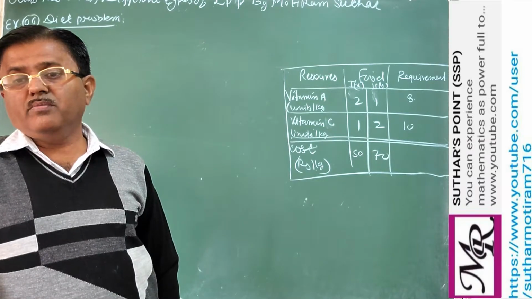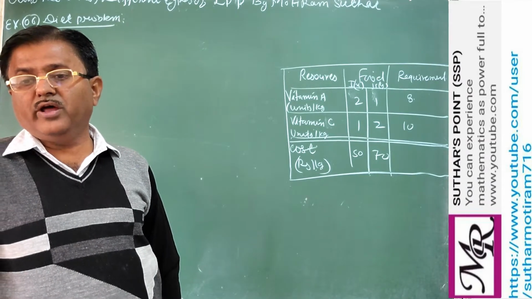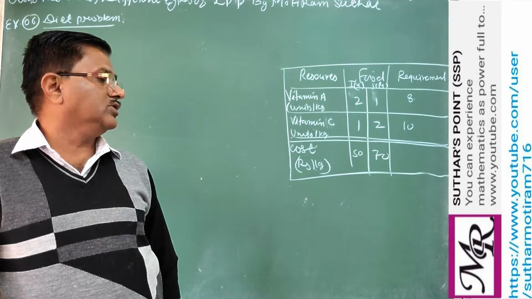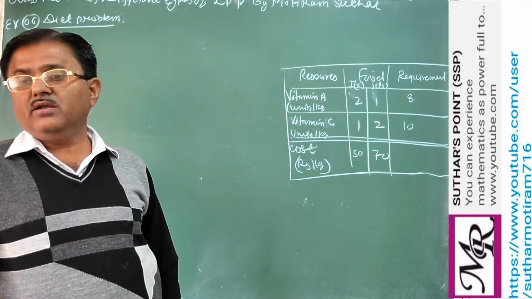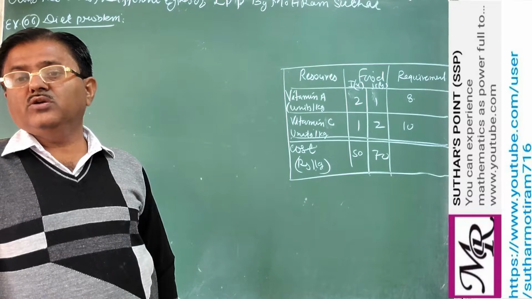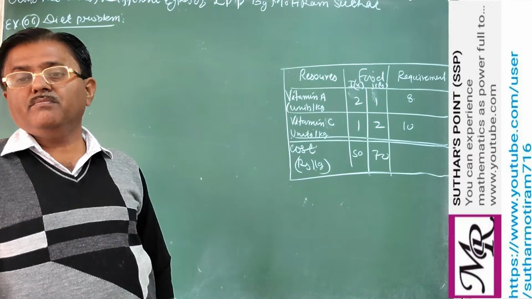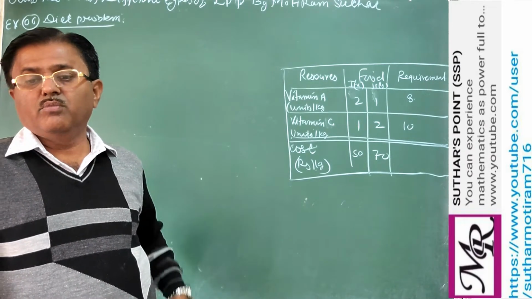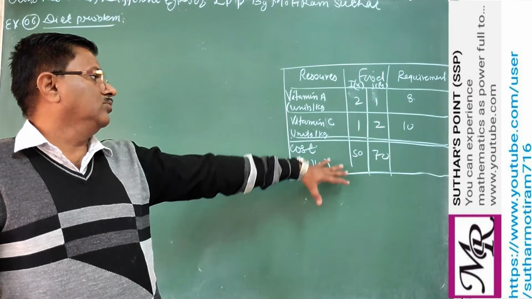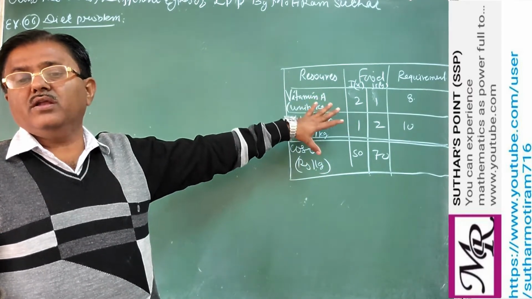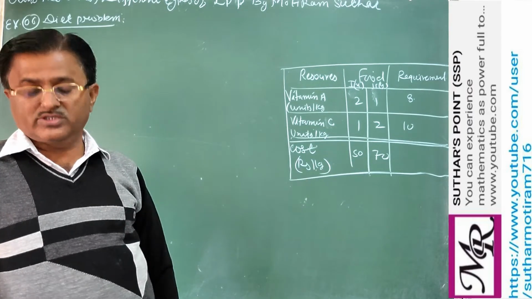So when the problem is related to the manufacturer, as we already saw with the furniture dealer, we need to find the maximum profit by using the given resources under the given conditions or constraints.